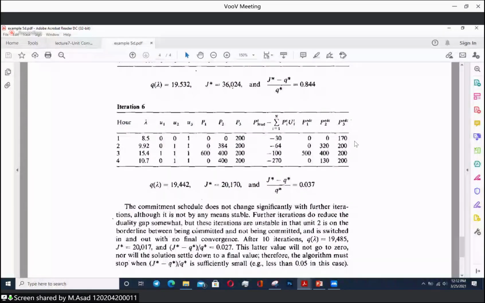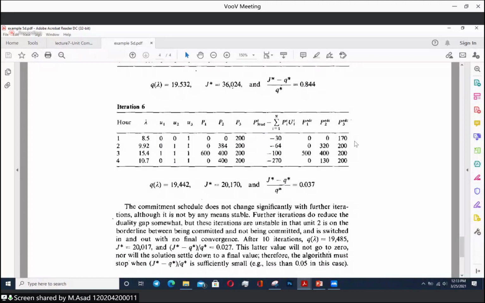Further iterations do reduce the duality gap somewhat, a little bit, but these iterations are unstable in that unit 2 is on the borderline between being committed and not being committed, and it is switched in or out with no final convergence. After 10 iterations, the Q lambda value is equal to 19,485, J prime is equal to 20,017, and our duality gap is 0.027.